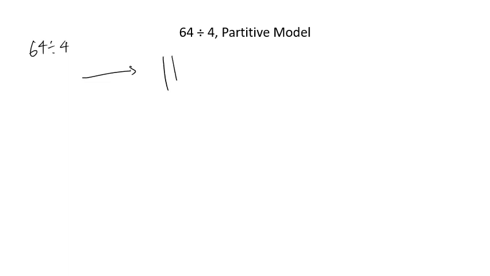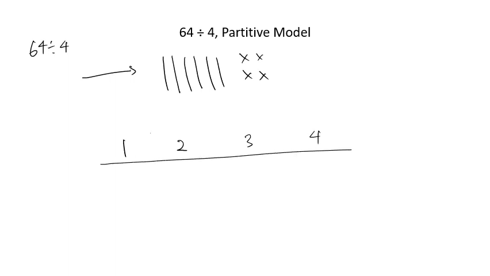So I got 1, 2, 3, 4, 5, 6. 1, 2, 3, 4. And so here I've got my 64, and I want to partition this into 1, 2, 3, 4. So here's my 4 columns.